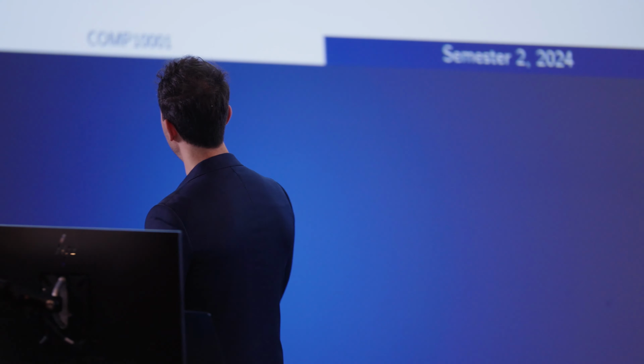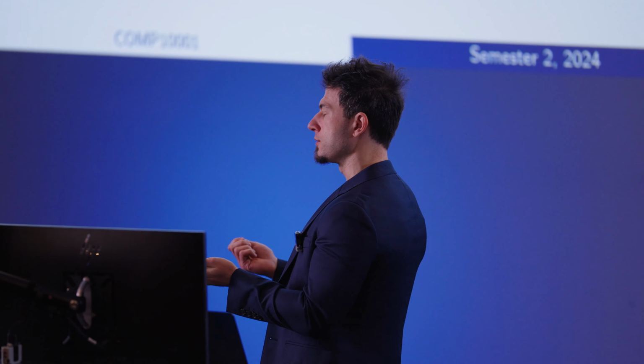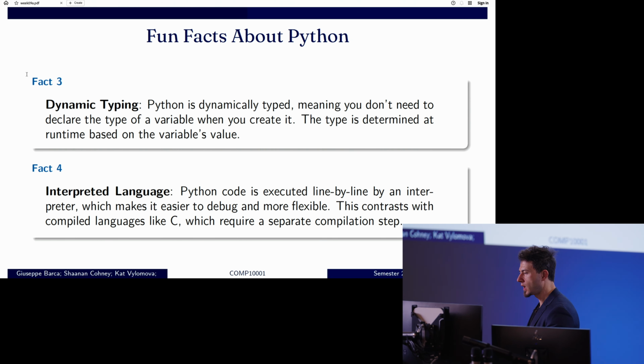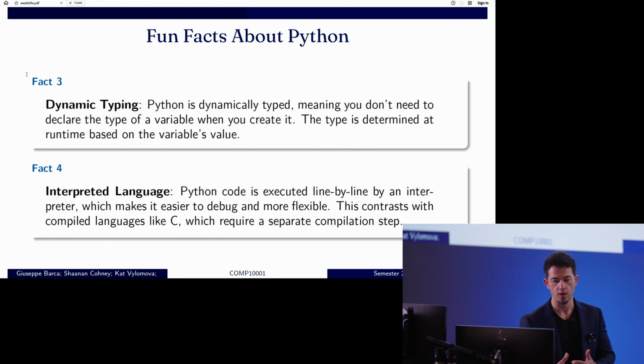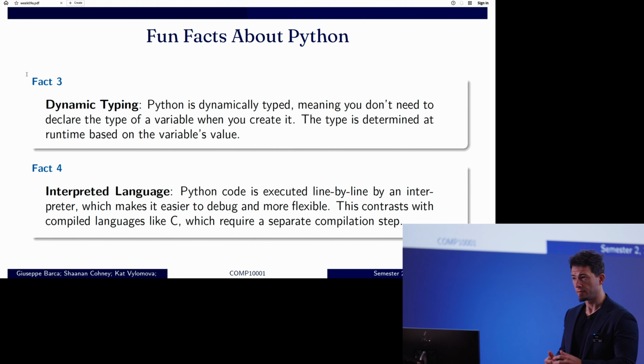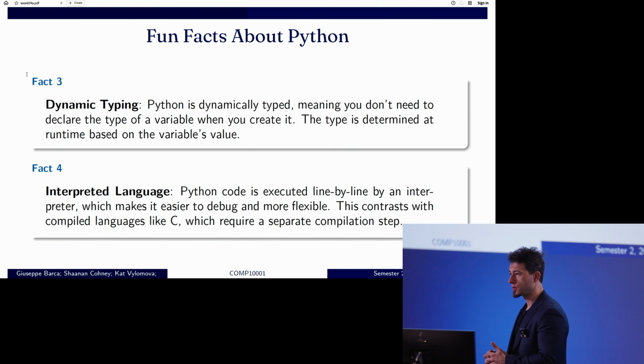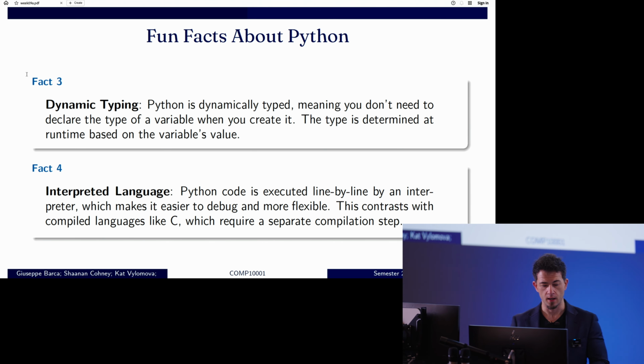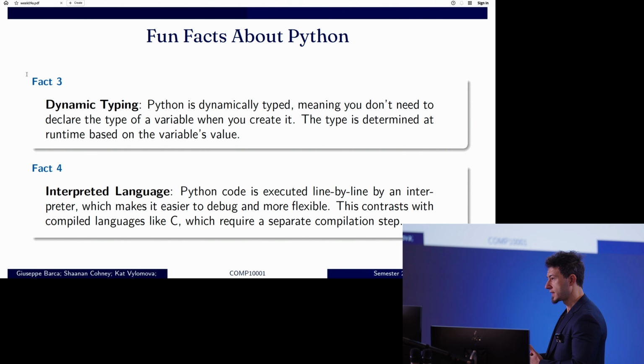All right, so as usual, let's start with a couple of trivia about Python to warm us up. You might have noticed that Python recognizes the type of your variables without you declaring it. And this is quite a specific feature to Python, which is called dynamic typing.